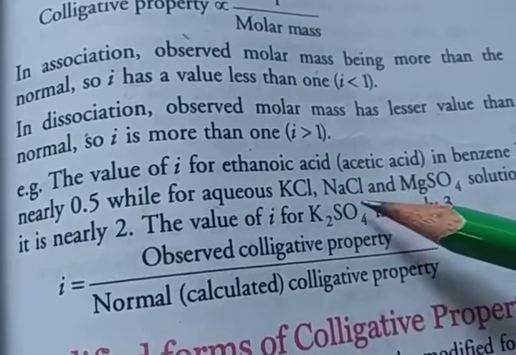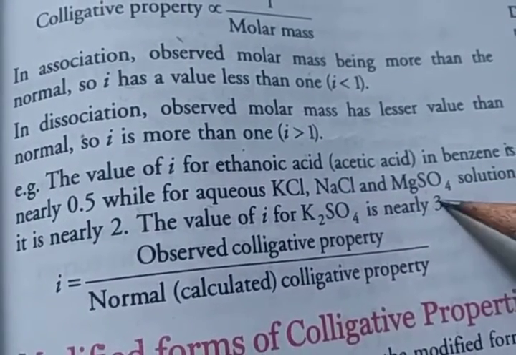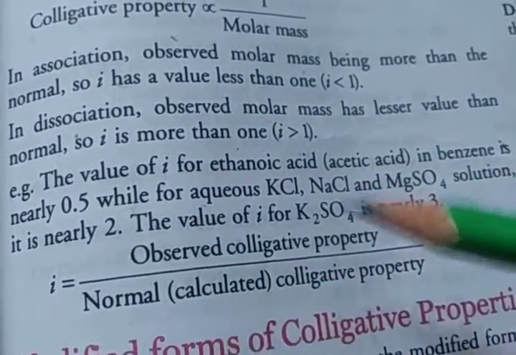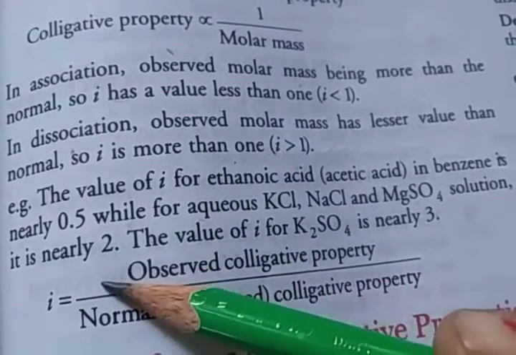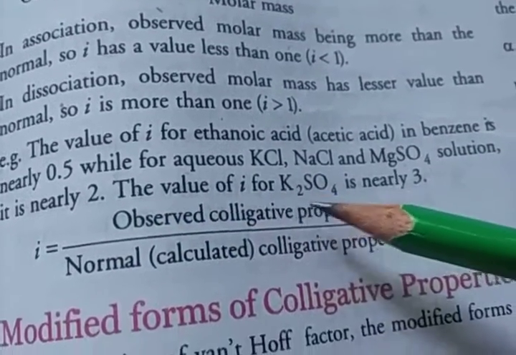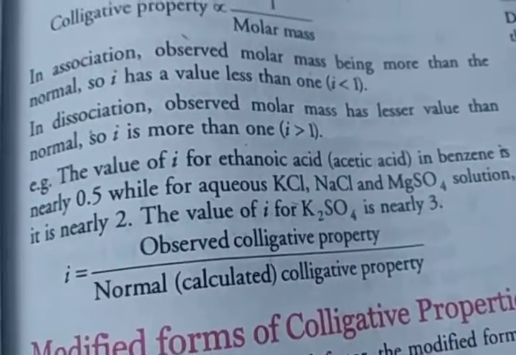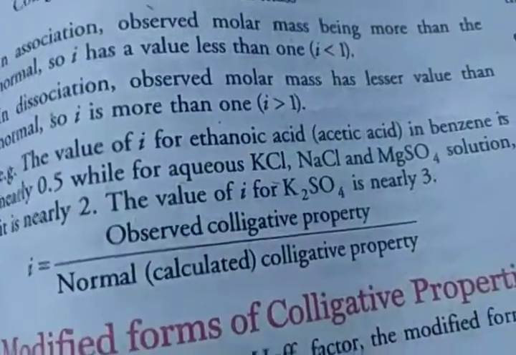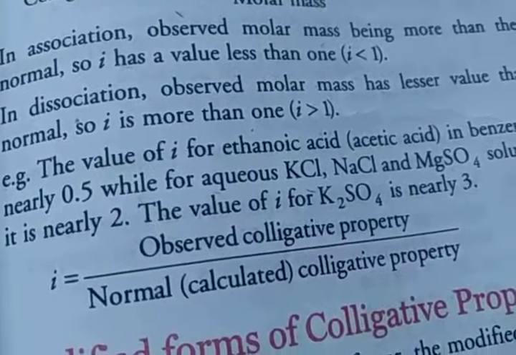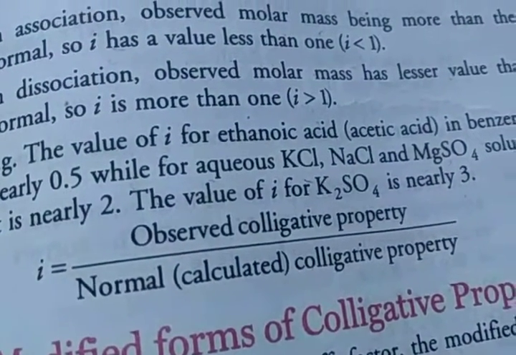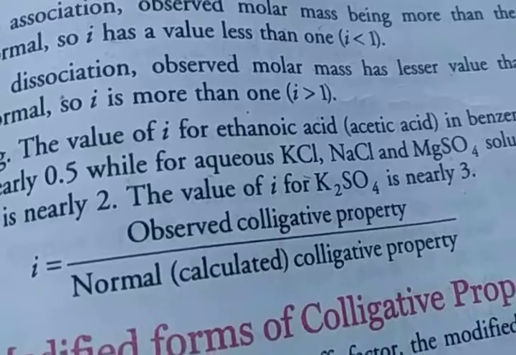But aqueous KCl, NaCl, and magnesium sulfate dissociate, so it is more than 1, nearly 2. The value of i for K2SO4 is nearly 3, because here also it dissociates. So i is equal to the observed colligative property divided by the normal calculated colligative property.